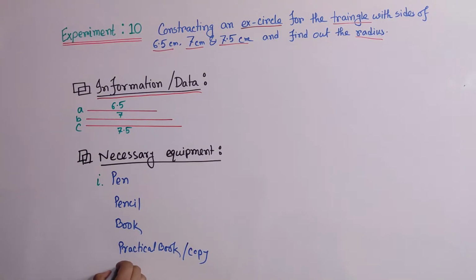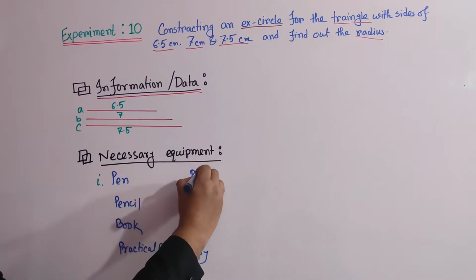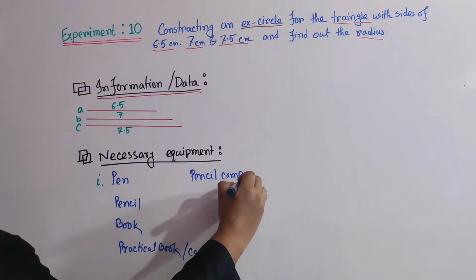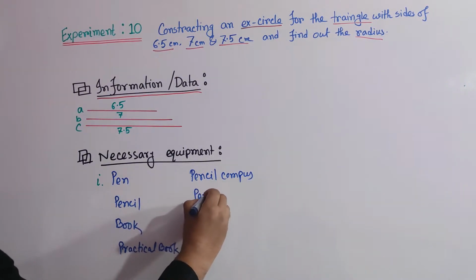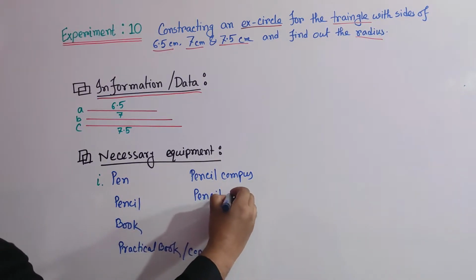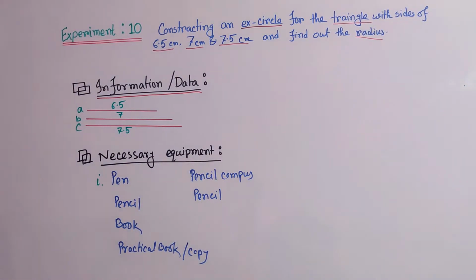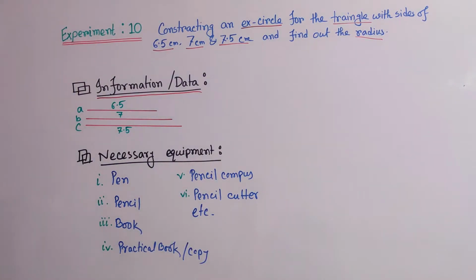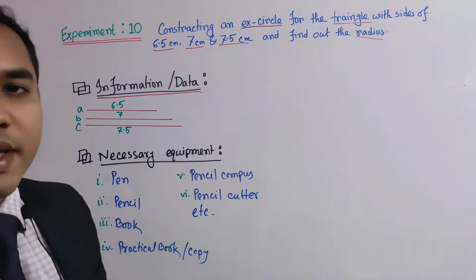Then we need the pencil compass, then a pencil sharpener, or we can write here pencil cutter, and so on. Okay, so these are the necessary equipment we need.